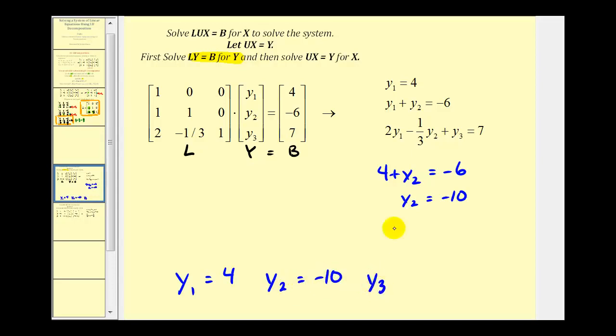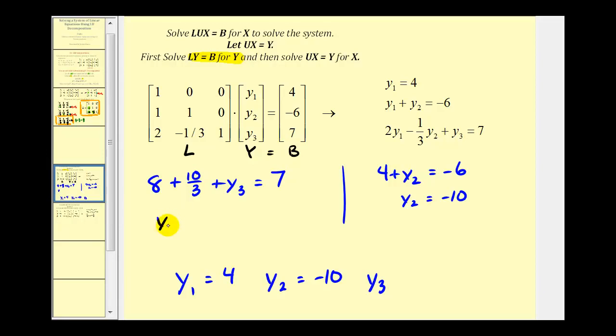And then for y sub 3, we have a little bit of work to do. We would have 2 times y sub 1, which is 8, minus 1/3 times negative 10, that's plus 10/3, plus y sub 3 equals 7.